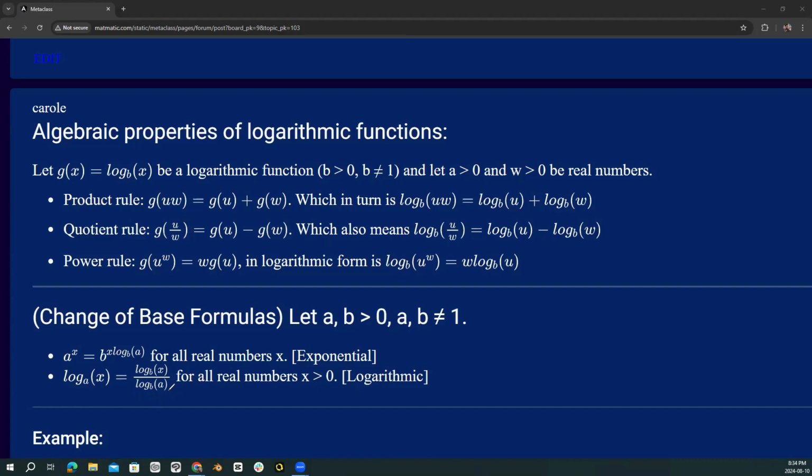For this exponential change of base formula, let's say we have something to the power of 3, and let's say our b value is going to be 5.